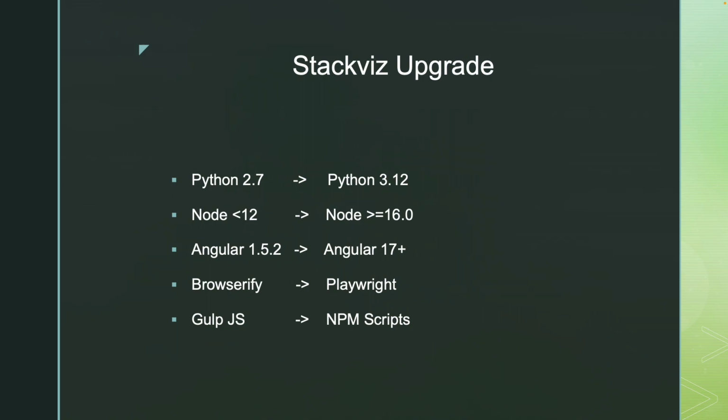And then actually the next two dependencies are also a part of that. Browserify is what Angular's testing suite used in the past. It's deprecated now, no longer being maintained. The Angular team is in the process of switching to Playwright.